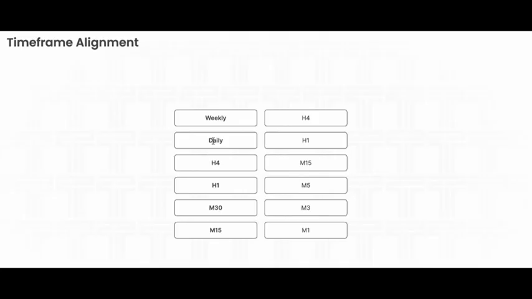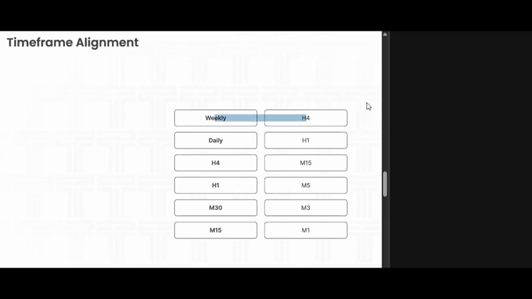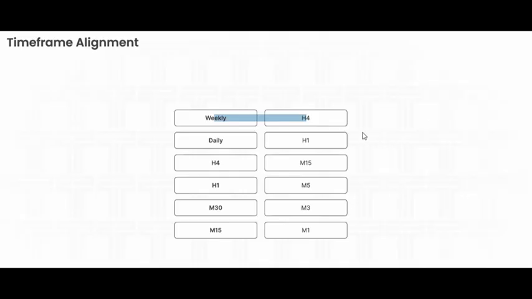Or the daily for your bias, the 1 hour for your structure, and then the 5 minutes for your entry, and so on and so forth. So you can see here: weekly, 4-hour, 15, 1 minute. I hope you get it. So daily, 1 hour, 5 minutes.